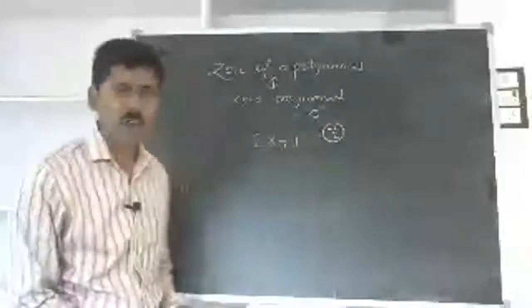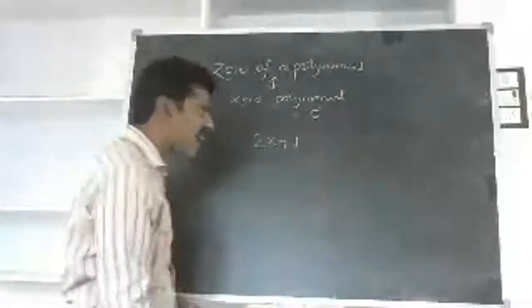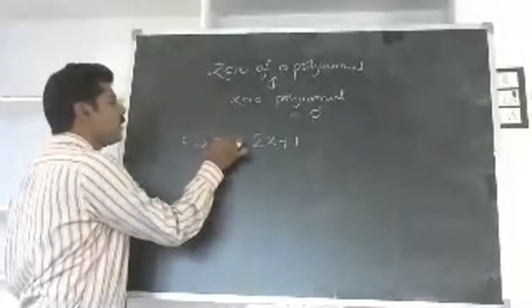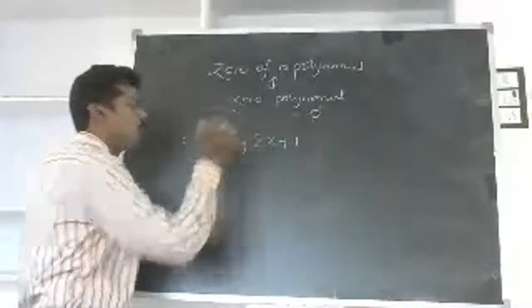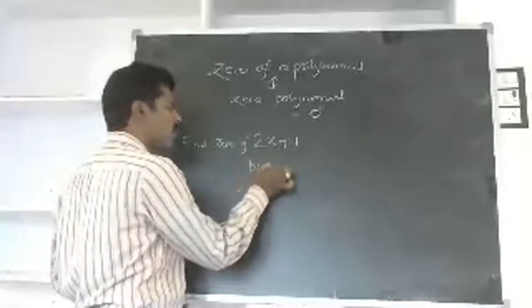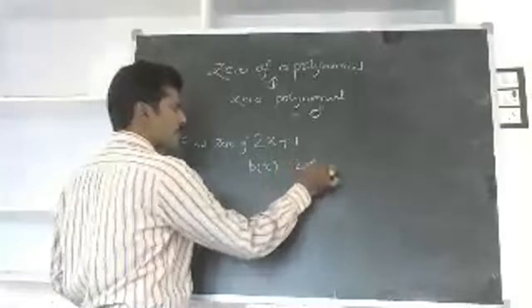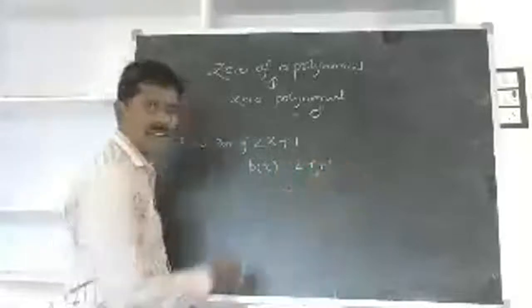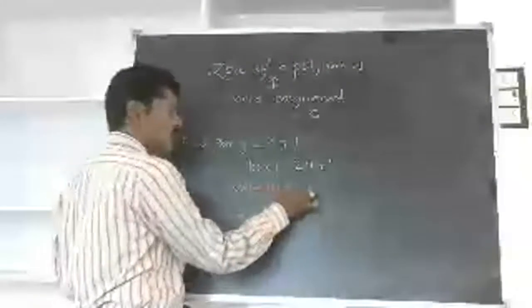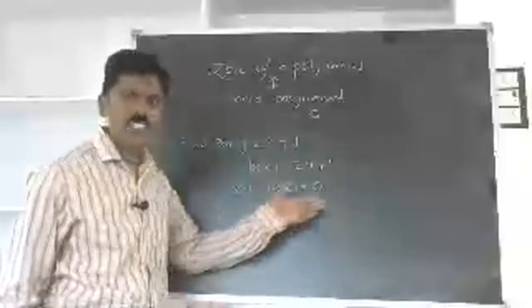So for this, what we will do is, if they ask to find the 0 of a polynomial, any polynomial, first we will take that polynomial as p of x. P of x is equal to 2x plus 1. And then we let p of x equal 0, because the value of this polynomial should be 0.